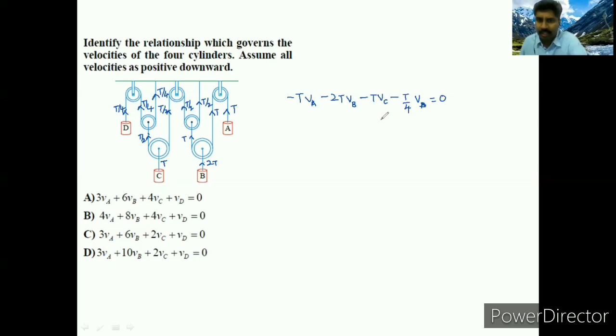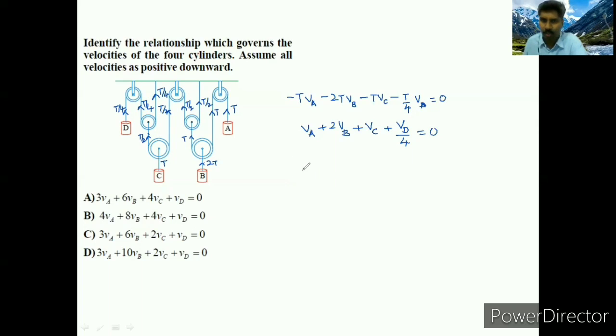So here you can take T common, and we can get 0. So finally I will take the minus also common. So vA plus 2vB plus vC plus vD by 4 is equal to 0.